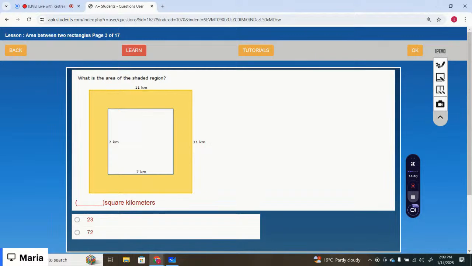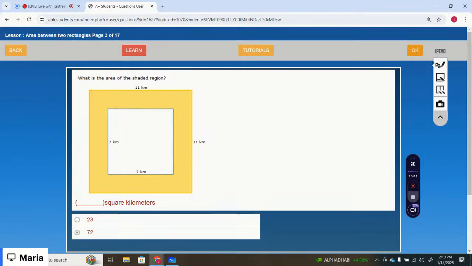What is the area of the shaded region? Very good.